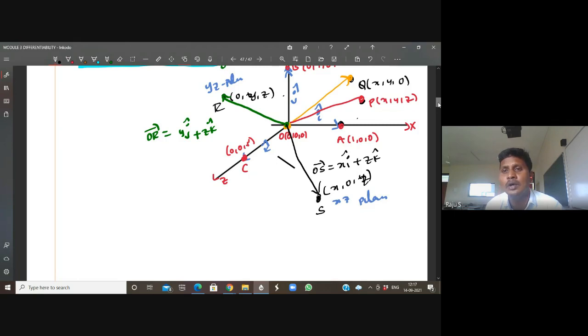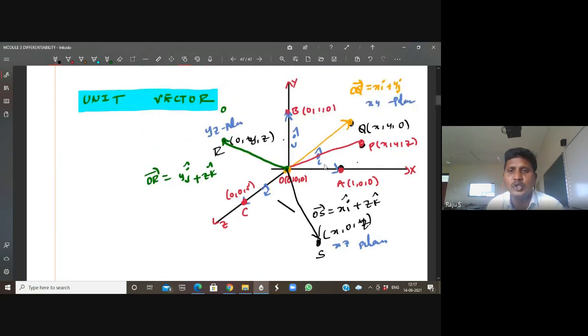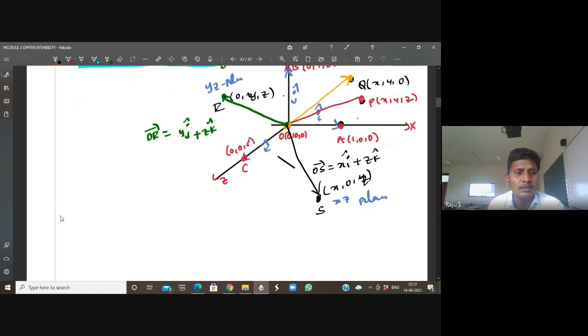Then how can you write the position vector? It is very simple. The position vector of the point P can be written as OP, so this is xi plus yj plus zk.